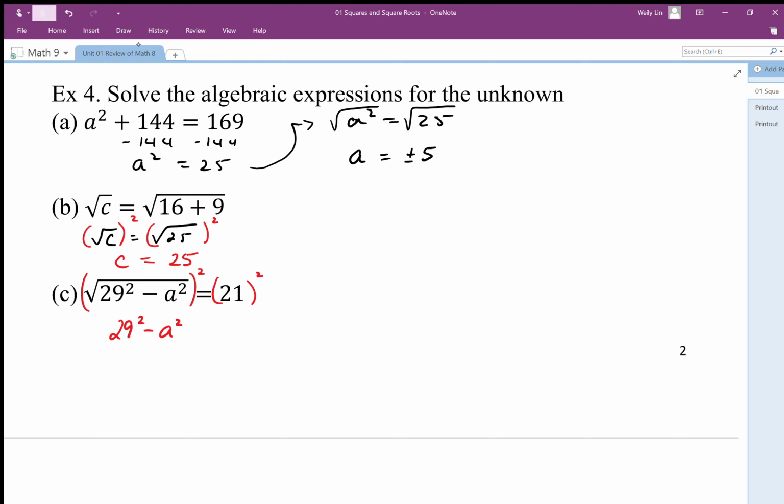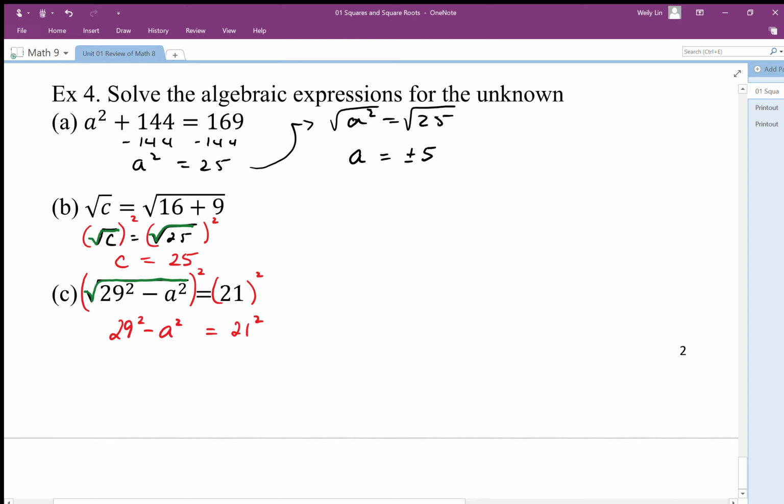What that red square has undone is that green square root there. Just like it would have done it here, the square and square root undo each other. But when I do that, I have to make sure that I do both sides of that equation. So I'm going to end up with 21 squared.